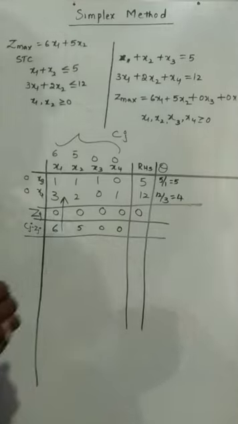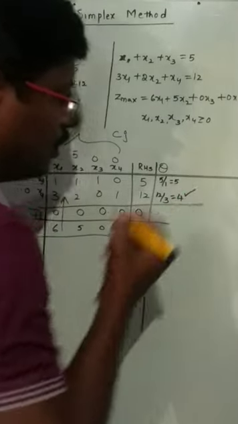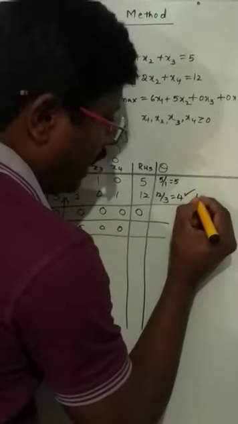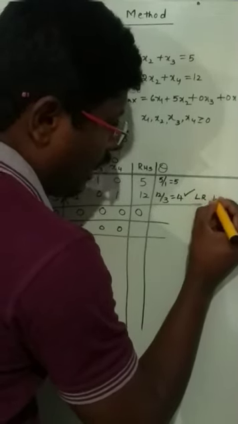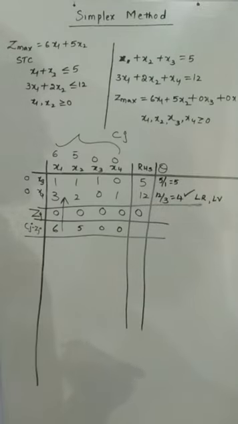Once you find the theta, you have to look for the smallest value. The variable corresponding to the smallest value is going out, and that row is called the leaving row, and that variable is called the leaving variable. So the leaving variable is x4 going out, and in that place x1 is entering.